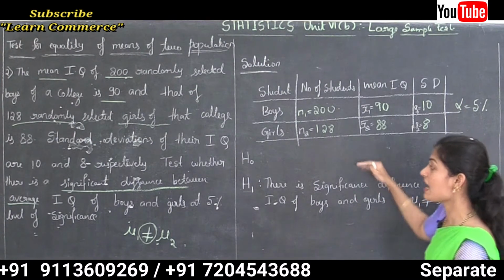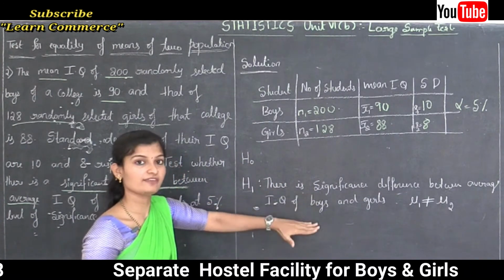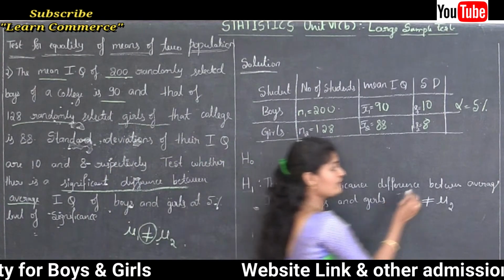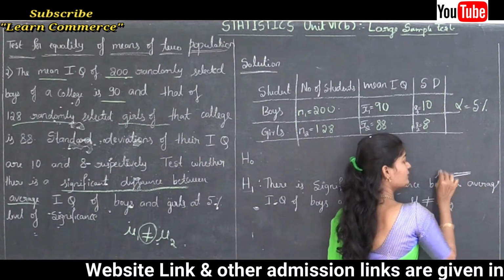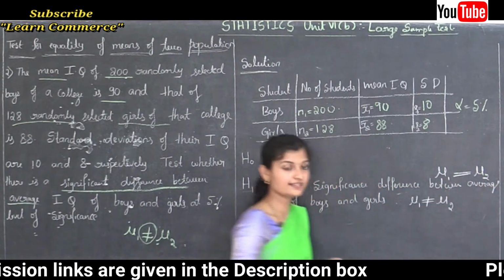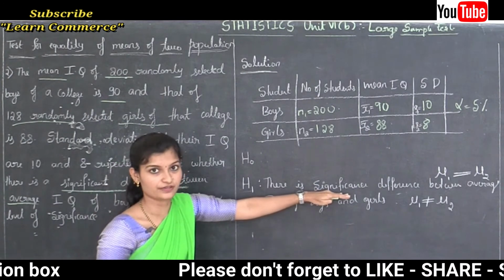Then what is the null hypothesis? Based on the alternative hypothesis we can set the null hypothesis. We know that the null hypothesis is always of the equal to type, that is mu1 is equal to mu2. Equal to means there is no significant difference.